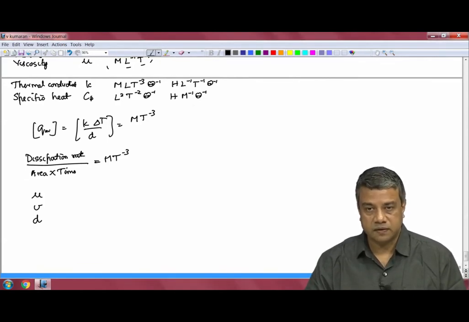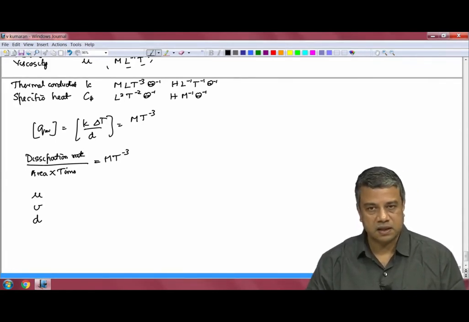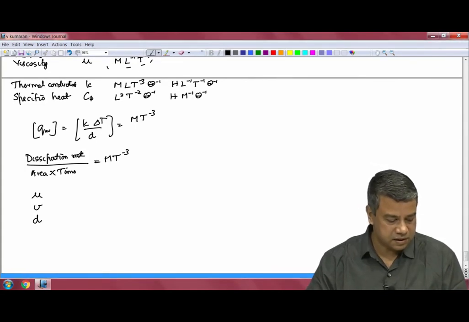Inertia is a conservative force, it does not dissipate energy. It is only fluid viscosity that dissipates energy due to fluid friction and causes drag. So, this is the energy dissipation rate.